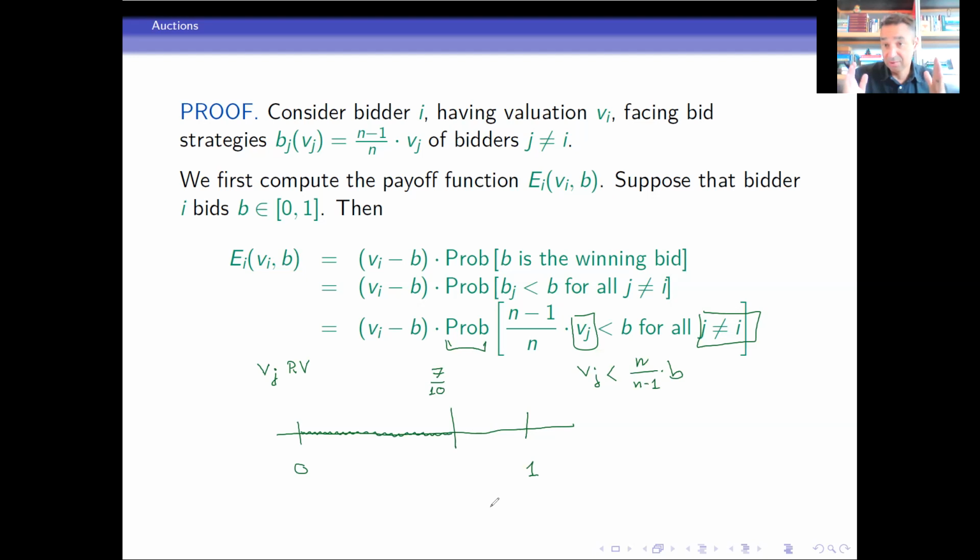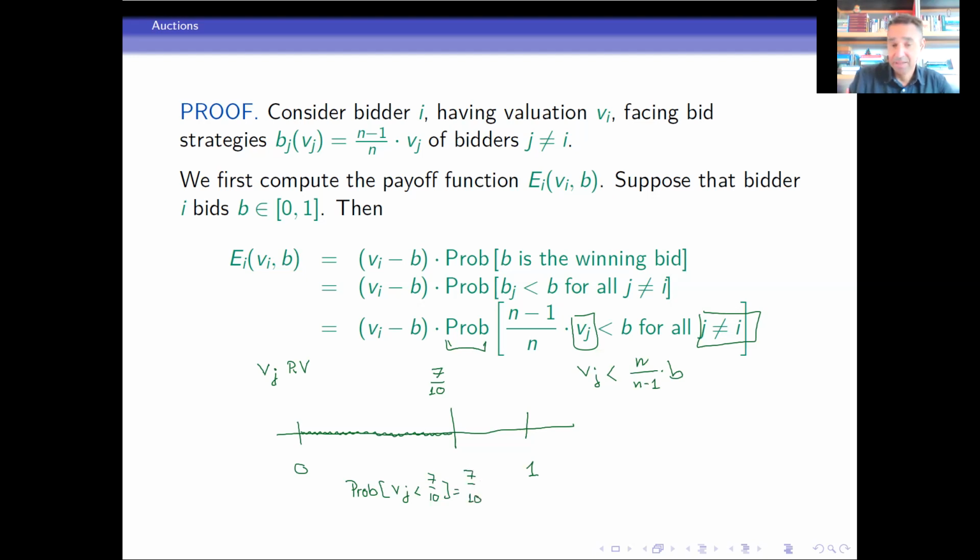Well, it's a unit interval, so the total probability is 1 to get a number between 0 and 1. And it's uniformly distributed, so everything is equally likely. So the probability that Vj is smaller than 7 divided by 10 is, what is that? Yeah, that's 7 divided by 10.